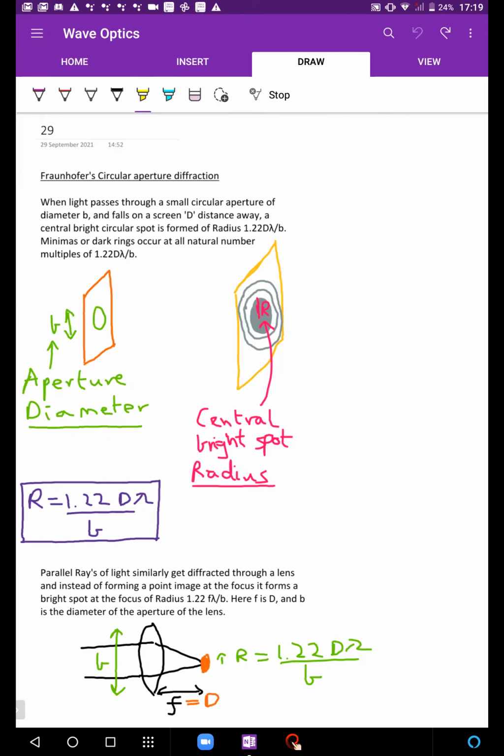Similarly, if you use a lens to focus an image, what we learn now is that the image formed is not a perfect point sized image. The lens is also going to behave like an aperture, and the image formed has a radius of 1.22 d lambda by b.